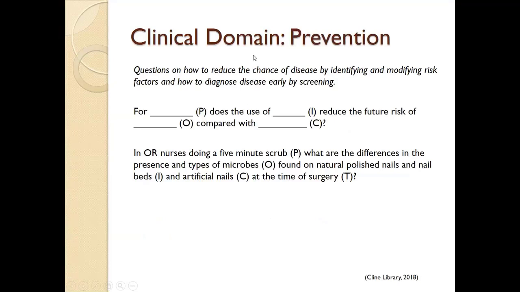Another one would be prevention. I've seen a lot of PICO questions that have to do with hand washing, using alcohol, different types of protocols. So in a specific population, like operating room nurses, what are the differences between microbes on natural nails and artificial nails at the time of surgery?